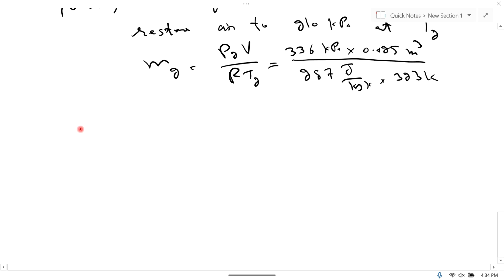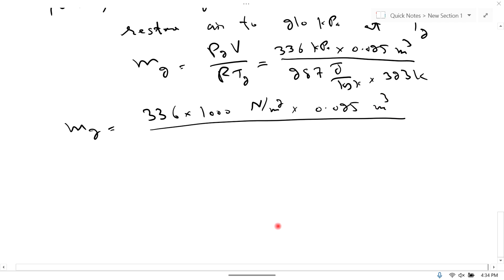So M2 is equal to 336 multiplied by kilo, meaning 1000, pascal, which is Newton per square meter, multiplied by 0.025 cubic meter, divided by 287 joule, which is Newton meter, per kilogram per Kelvin, multiplied by 323 Kelvin.